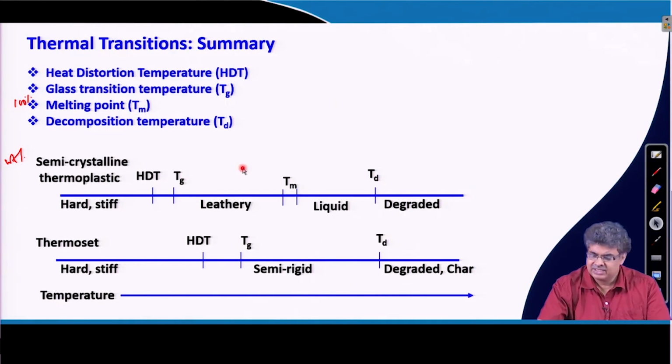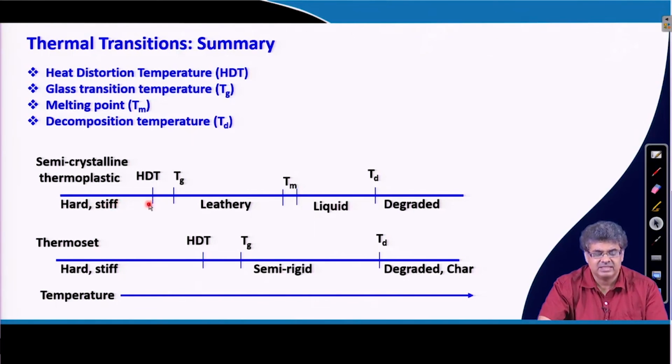This is a chart which gives the comparison of different thermal transitions, like glass transition temperature, melting point, heat distortion temperature HDT, and decomposition temperature. A semi-crystalline polymer, at low temperature, is hard, glassy, and stiff.